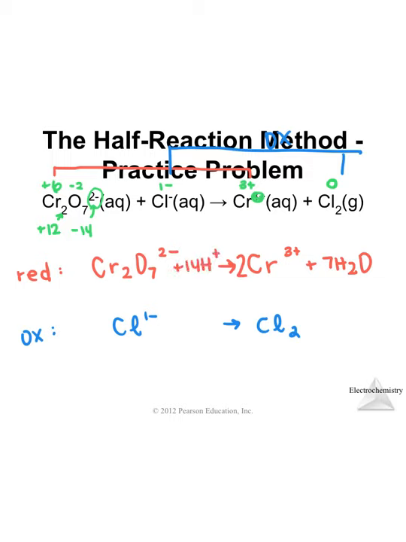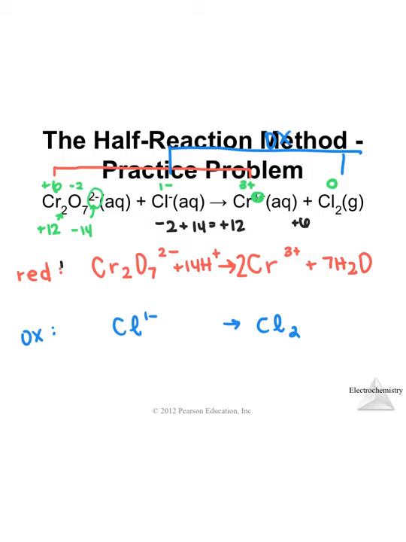So last thing I need to do is check my charges. So I have a -2 here, plus 14 for a positive 12 on the reactant side. And then on the product side, I have 2 times 3+, so I have a positive 6. So again, I'm going to add electrons to lower the charge.